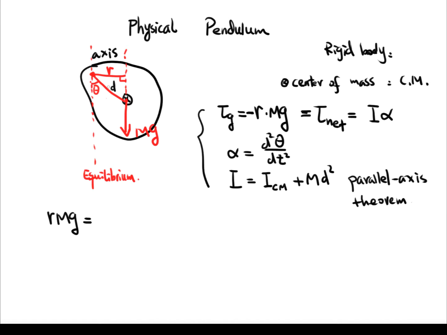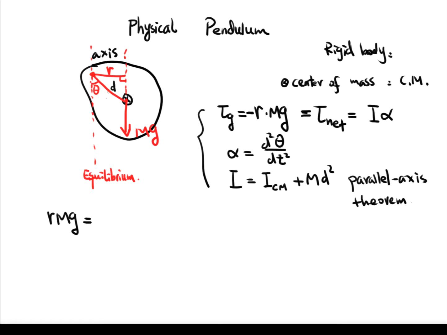If the rigid body swings down, then its R becomes shorter, so it will change throughout the process. We don't want this as a changing variable in Newton's second law equation, so I want to use the angle theta to represent this lever arm R.